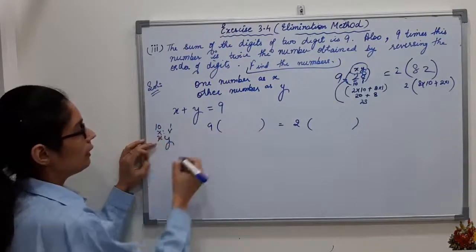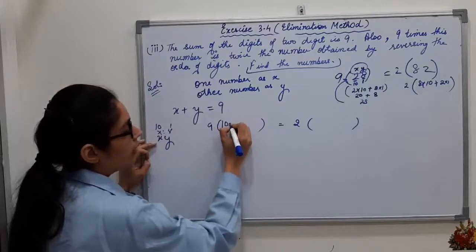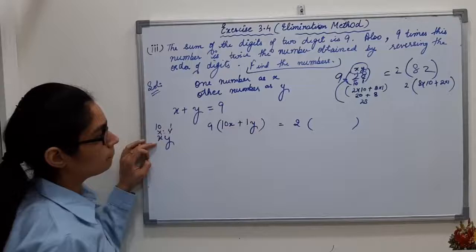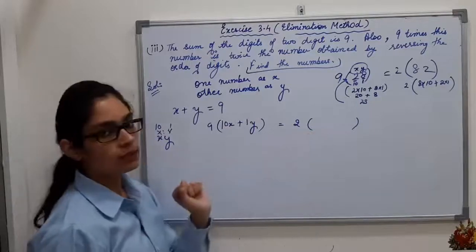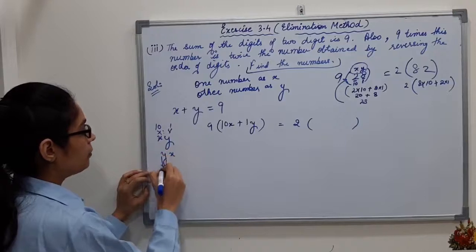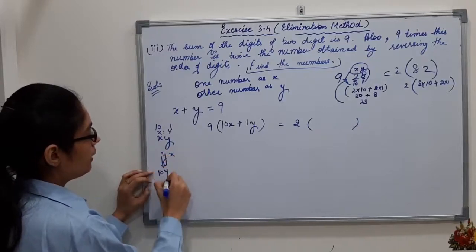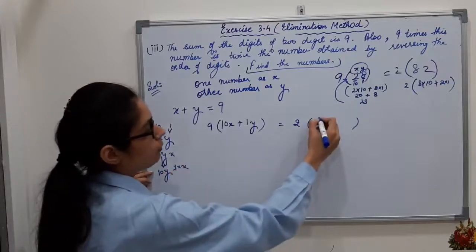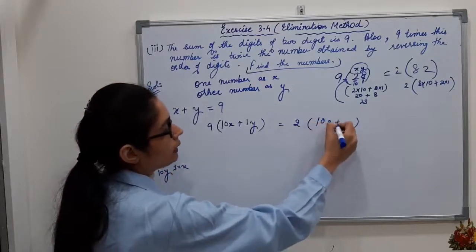So I'll multiply 10 with x and 1 with y. Here I have reversed the numbers, so my number is yx. So in the second I will multiply 10 with y and 1 with x. So it will be 10y plus x.